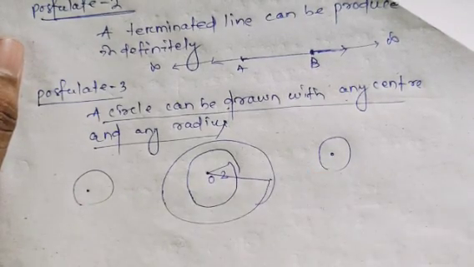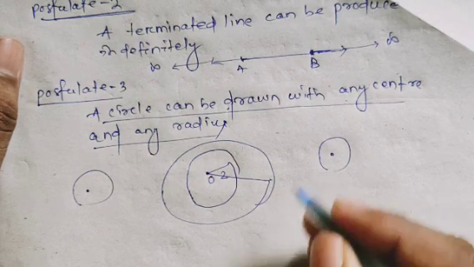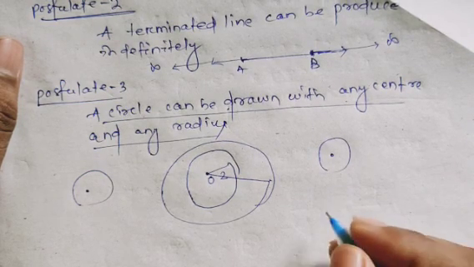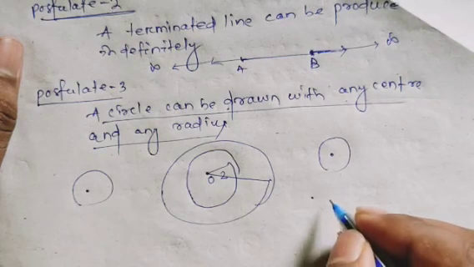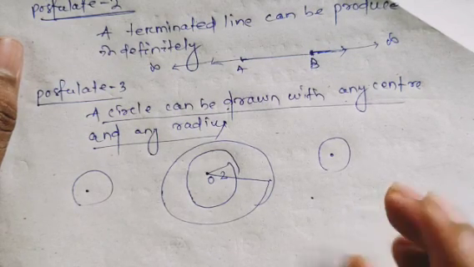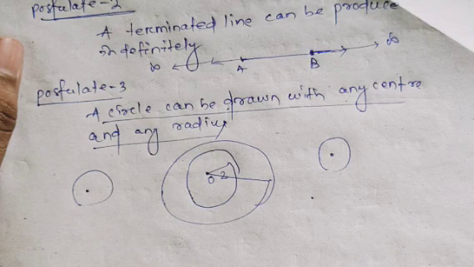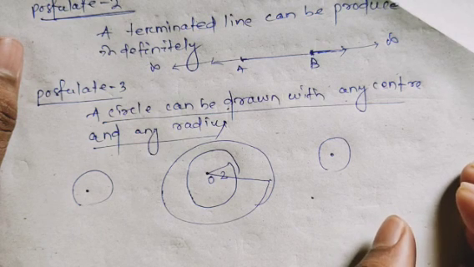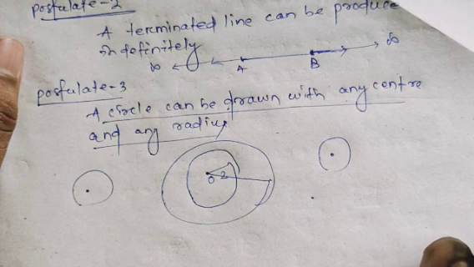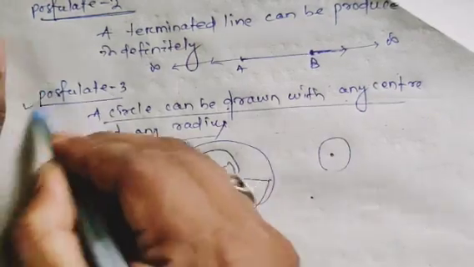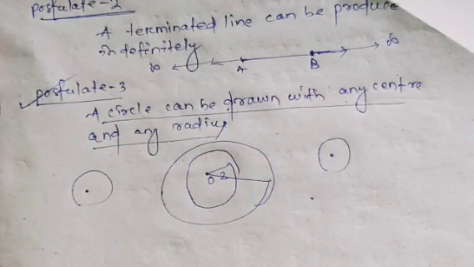I can take a point in USA and draw a circle. I can take a point in the president's house and produce a circle. So we can draw a circle with any center and with any radius. Like I can take the radius as 1000 kilometers and draw the circle, right? So this is postulate number 3 according to Euclid.